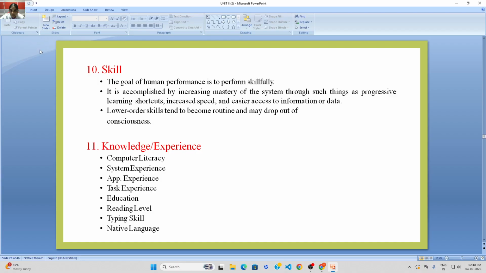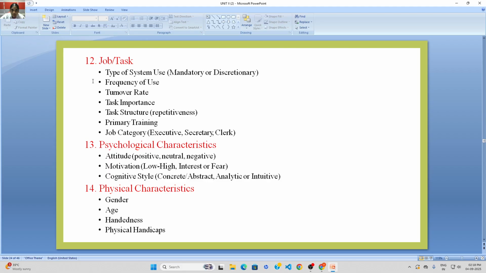Lower-order skills tend to become routine and may drop out of consciousness. Then knowledge or experience: computer literacy, system experience, application experience, task experience, education, reading level, typing skills, and native language. Job or task: type of system use, mandatory or discretionary, frequency of use, turnover rate, task importance, task structure, and so on.